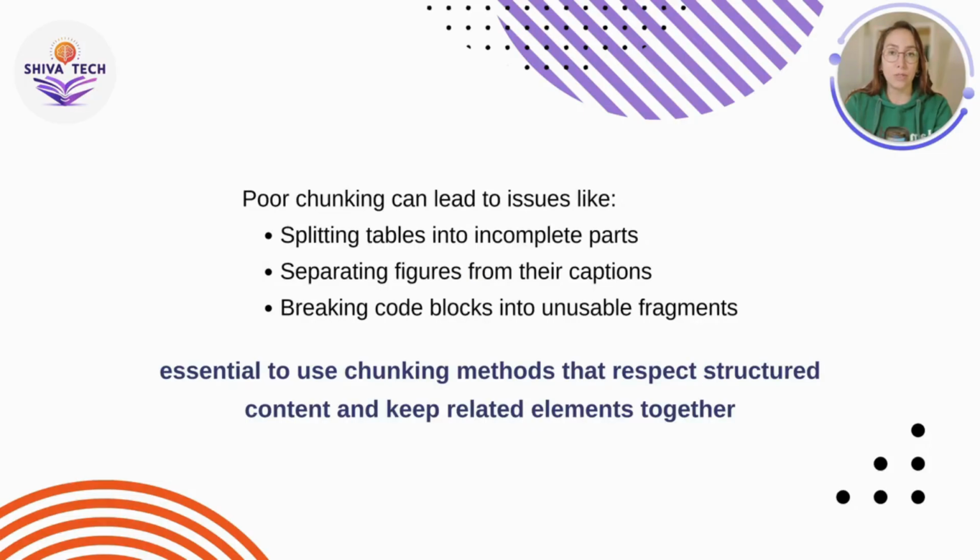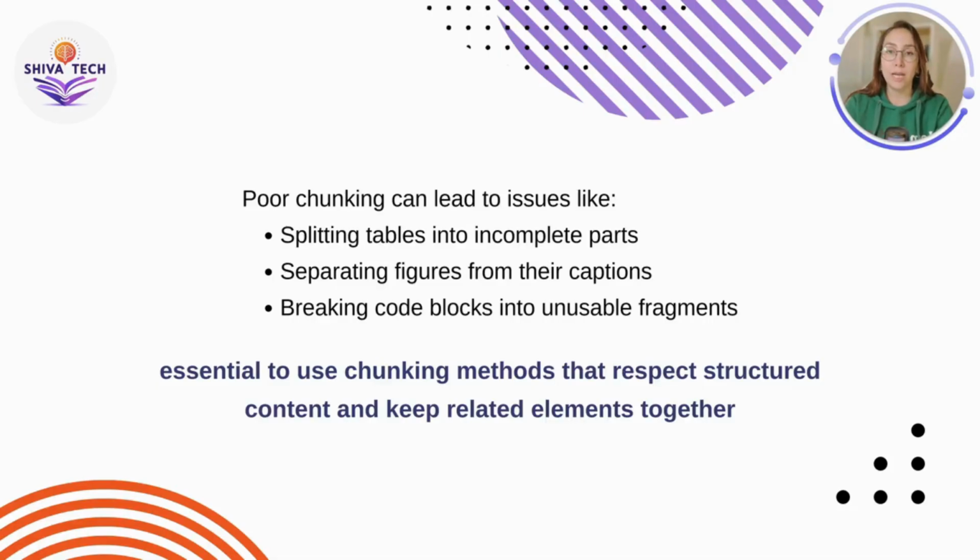And if you are using any poor type of chunking, what would be the consequences? For sure, if you have a table, it can happen that it will be split into incomplete parts, and you literally lose the semantic relationship between the information inside the table. It can happen that figures will be separated from the caption, and you don't know the relation between the caption and the figure to get more meaning from the figure.